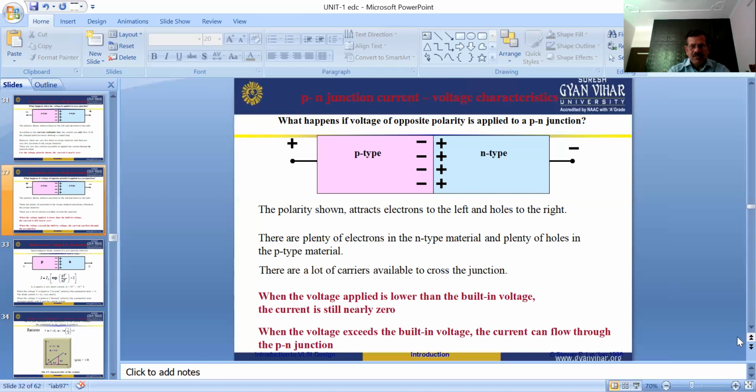But if the applied voltage is lower than the built-in voltage, the current is zero or nearly zero because there is no movement of charge carriers across the junction. So the total current will be zero, with no current flow in the PN junction diode. This is the condition for conduction of a PN junction diode. It depends on the applied voltage and the built-in voltage.